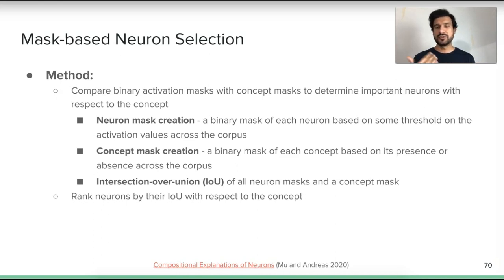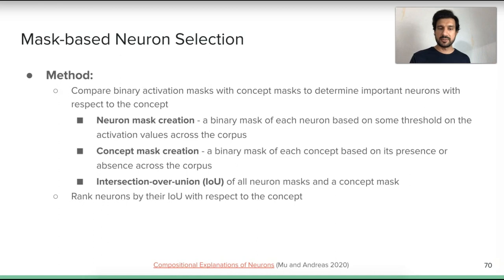And then you can use different evaluation methods like intersection over union to compute the overlap between a given neuron and a given concept, and then rank the neurons for a given concept based on the value of IOU. To be more concrete, we create a neuron mask, which is a binary mask of each neuron based on some threshold on the activation values across the corpus.